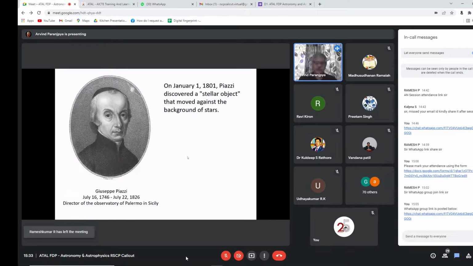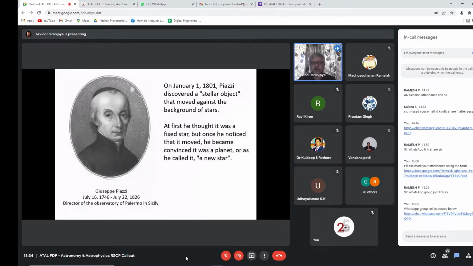So Giuseppe Piazzi was observing on the night of 31st December 1800, and the following night, the first of 1801, and he discovered this stellar object just exactly the way it was described. At first he thought he had discovered a new star.